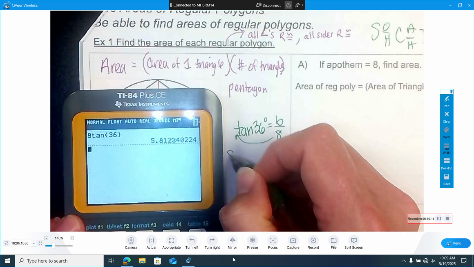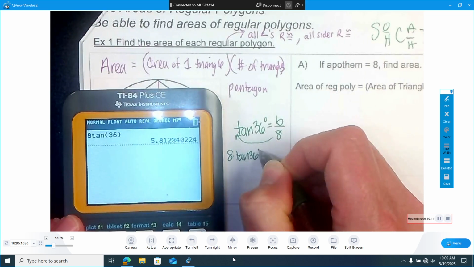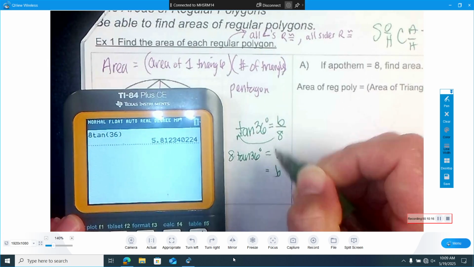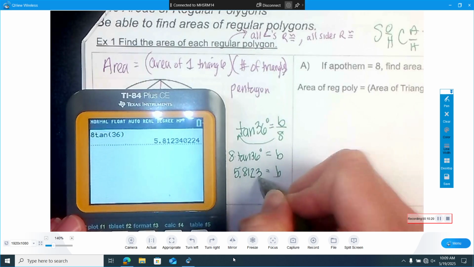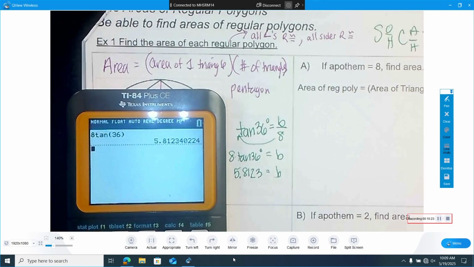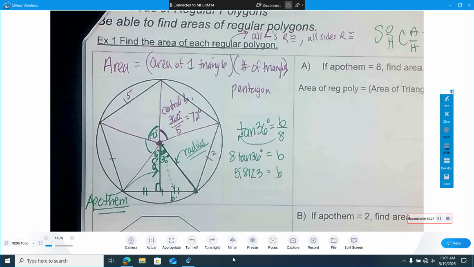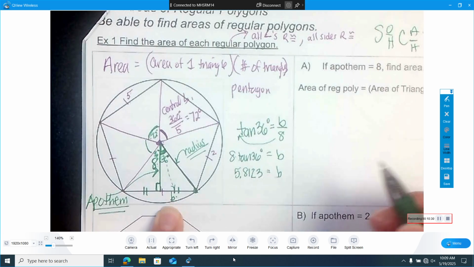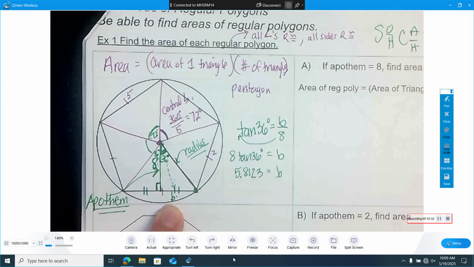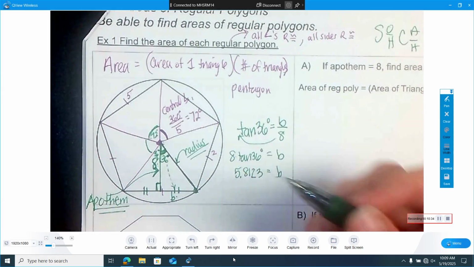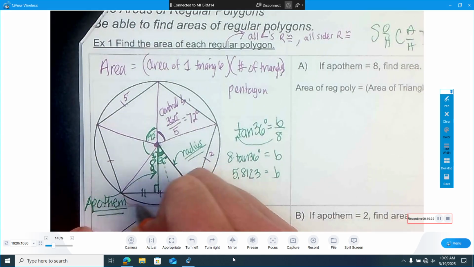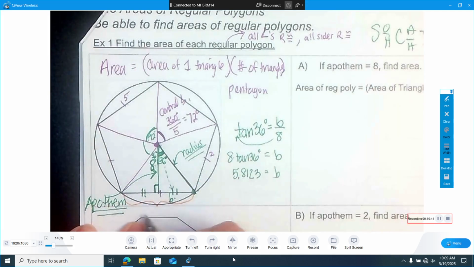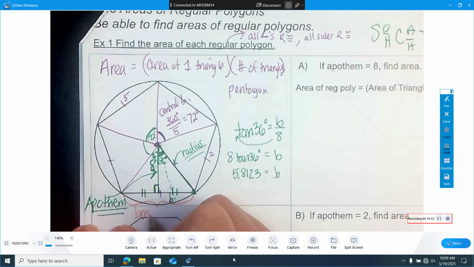All right, so we get 8 times the tangent of 36 degrees is b, so b turns out to be 5.8123. I'm going to go with 4 decimal places right now, which should be fine. Okay, so this b is 5.8123. So my question to you is, in order to find the area of the triangle, I need to know the whole base.